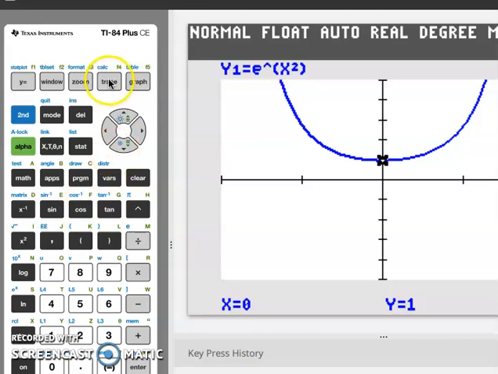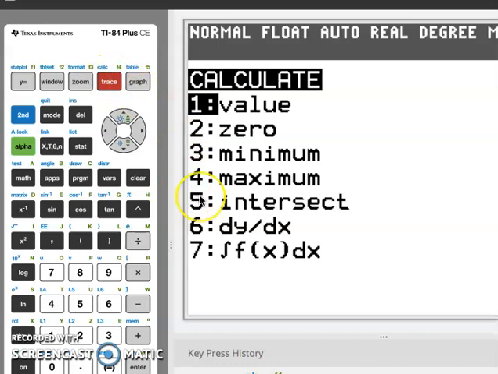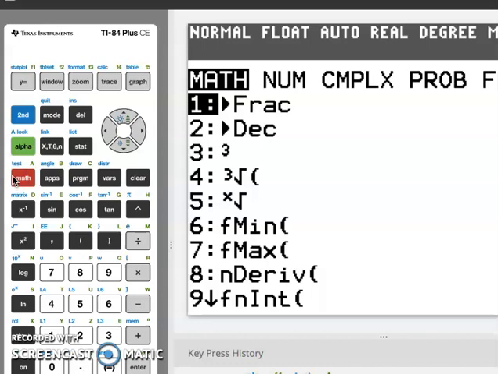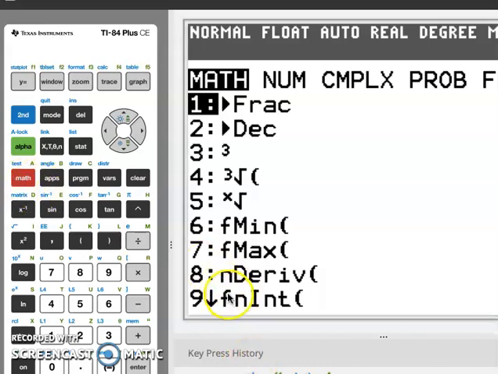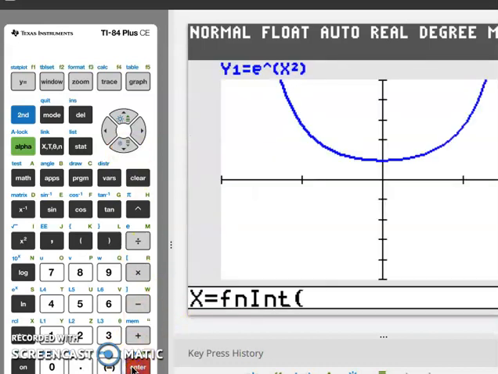And if you go under second level calculate, hang on, I lied. You go under math. There we go. You go under math, and it is number 9, which is the FNINT, and you hit enter.